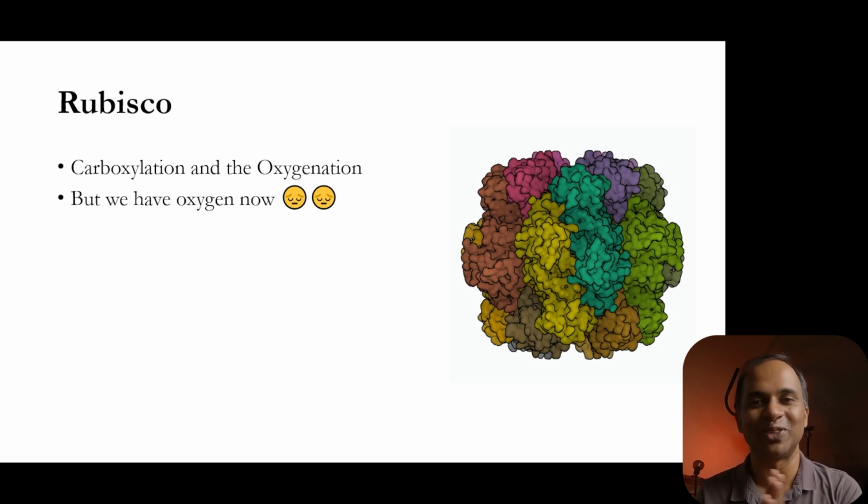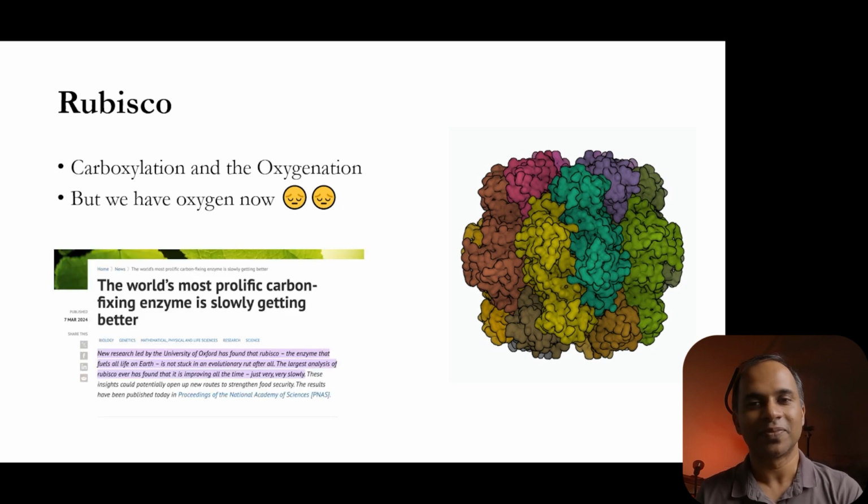Anyway, coming back to Rubisco, until last year or last semester, we were talking about Rubisco being a very old school enzyme. But now we have evidence to say that this Rubisco enzyme is slowly getting better.